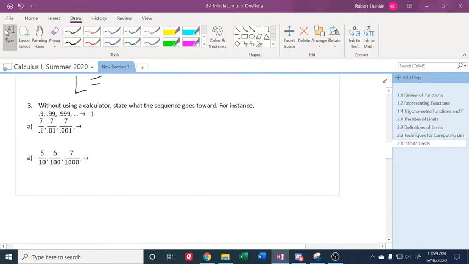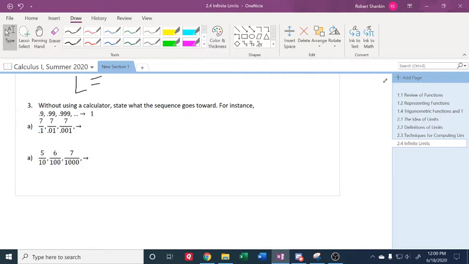All right, so let's go to number 3. It says, without using a calculator, state what the sequence goes towards. For instance, if I had a sequence of 0.9, 0.99, 0.999, and so on, I would say that's getting closer and closer to 1.